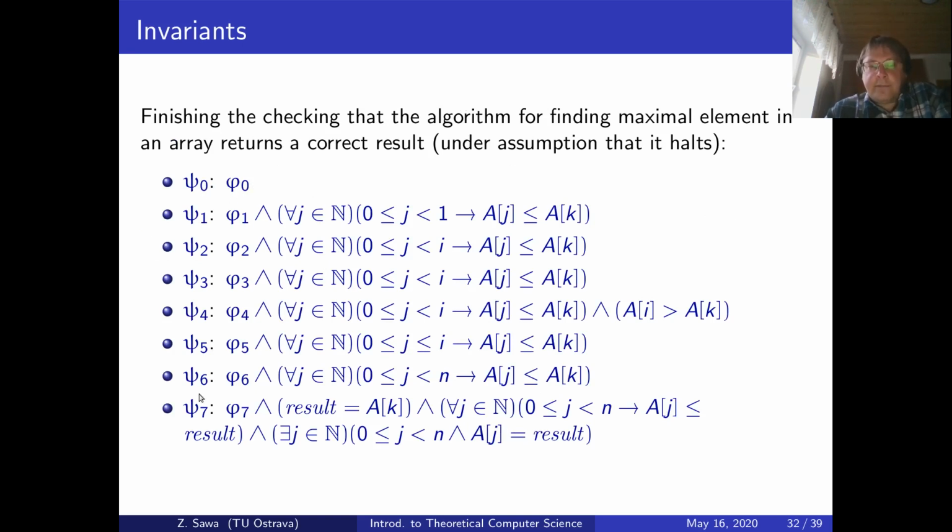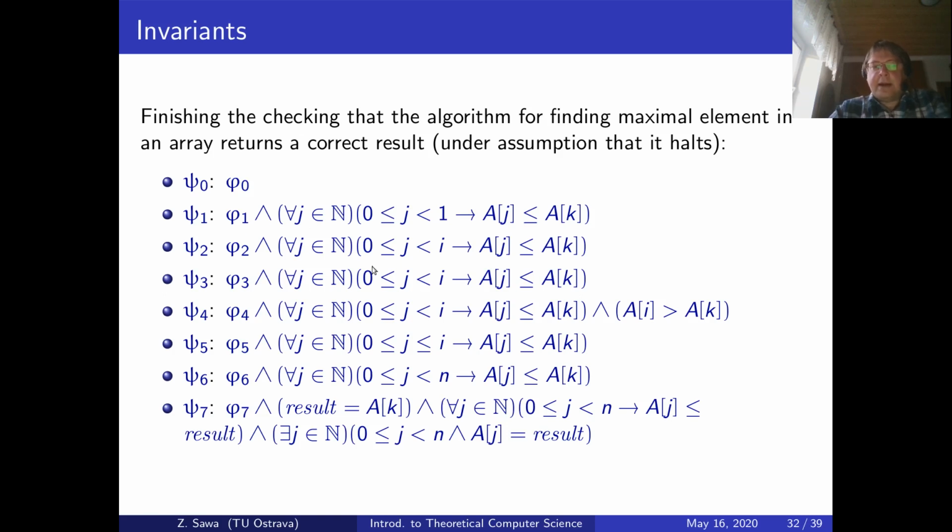I have written here some new invariants denoted psi 0, psi 1, and so on up to psi 7, that also talk about the content of array A and how it's related to the values of variables.